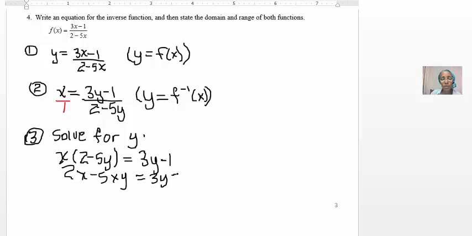And now, since my goal is to solve for y, everything that doesn't have a y in it is going to be on one side of the equation, and everything that does have a y is going to be on the other side. So I'm going to add 1 to both sides of the equation and also add a 5xy.